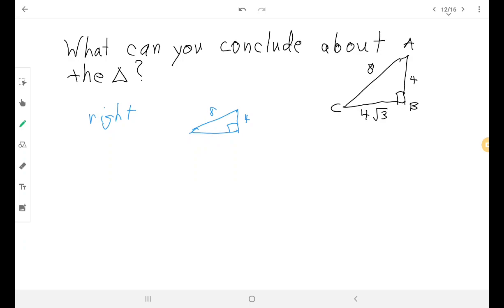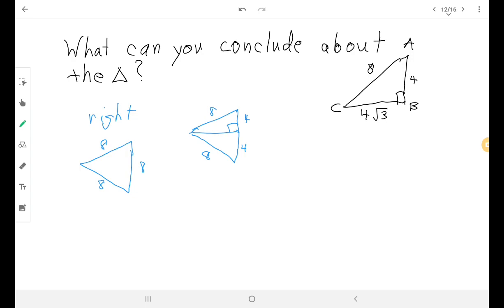Now, the thing that I want to point out is that if I put a second right triangle, if I sort of flip that one over, and it was 4 here and 8 here, then I would be looking at a regular triangle, that is 8, 8, and 8.